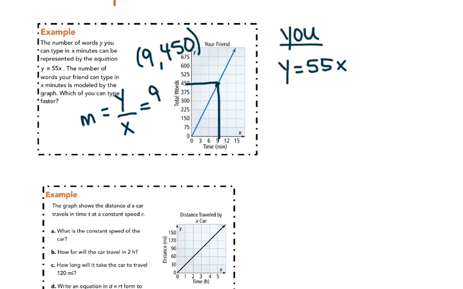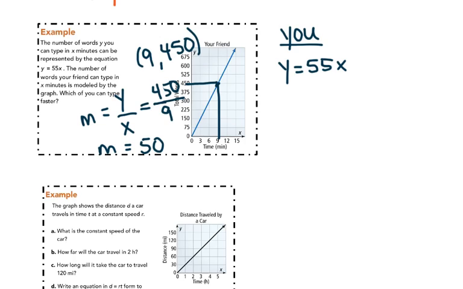So it's 950 divided by 9. I'm sorry, 450. Let's fix that. 450 divided by 9. So my m value is 50, because 450 divided by 9 is 50.